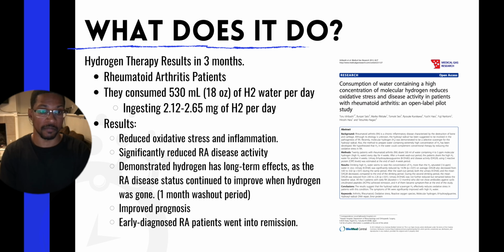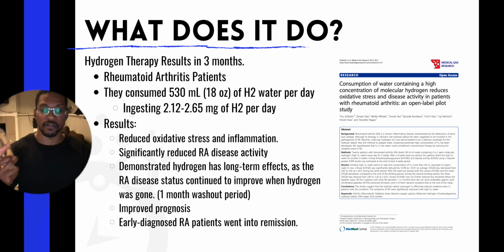Here's a 3-month study titled "Consumption of water containing a high concentration of molecular hydrogen reduces oxidative stress and disease activity in patients with rheumatoid arthritis, an open-label pilot study." So, as I stated, this is a rheumatoid arthritis study.